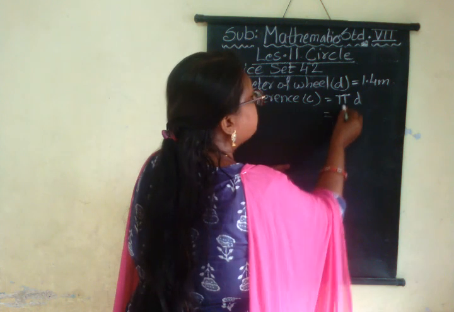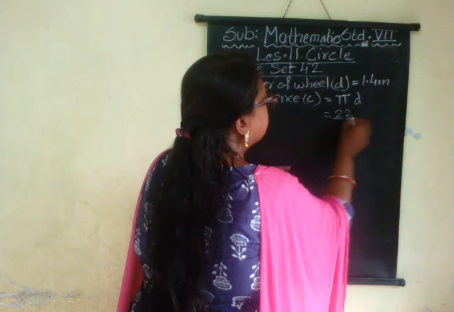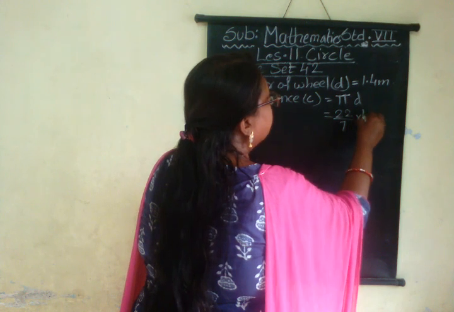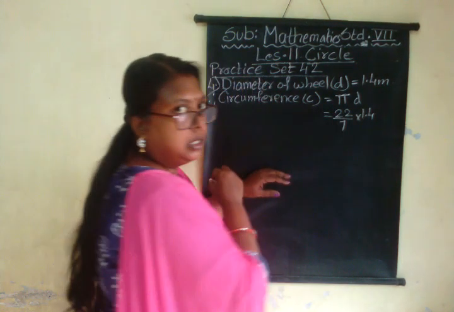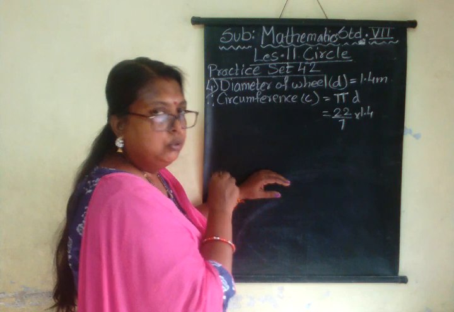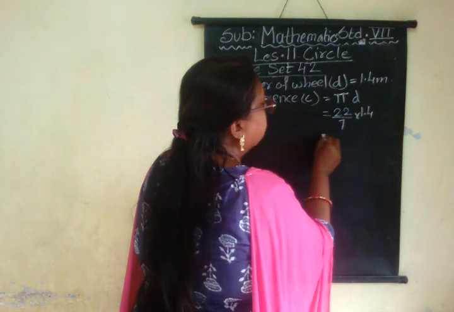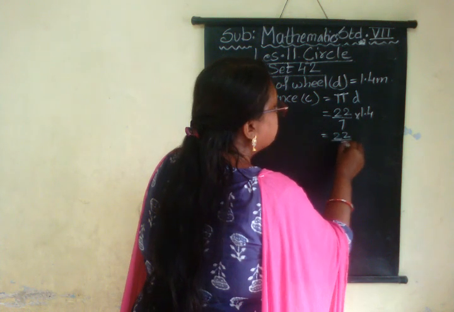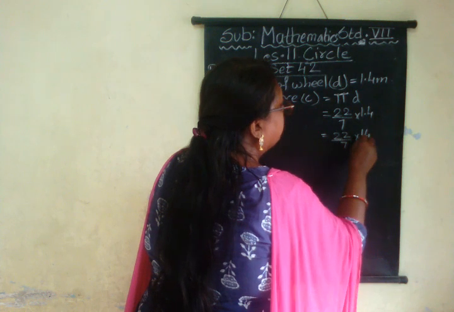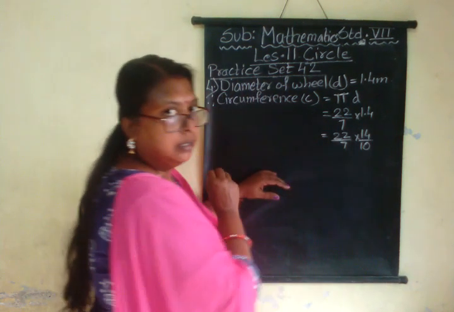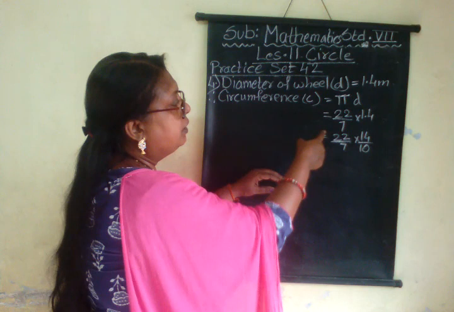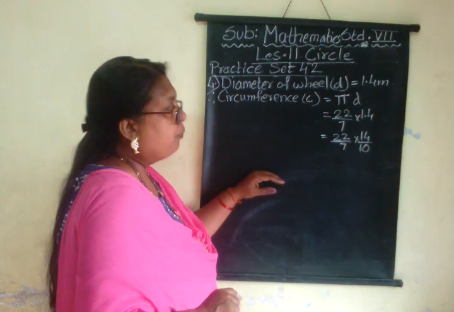So this gives me answer, pi is 22 upon 7 and d is 1.4 meter. Now decimal point is there, so I'll remove the decimal point. How will I remove the decimal point? 22 upon 7 multiplied by 14 upon 10 will remove the decimal point.